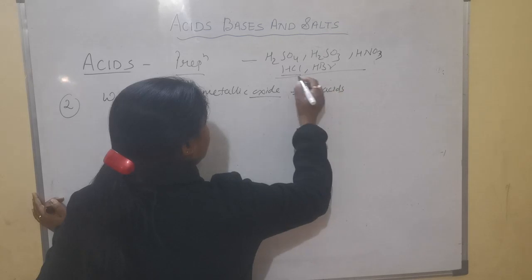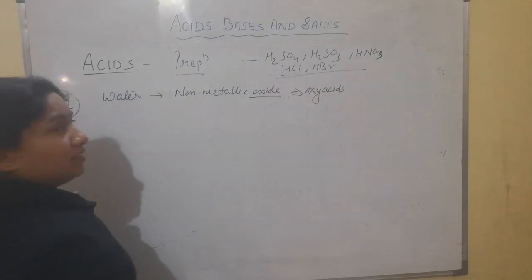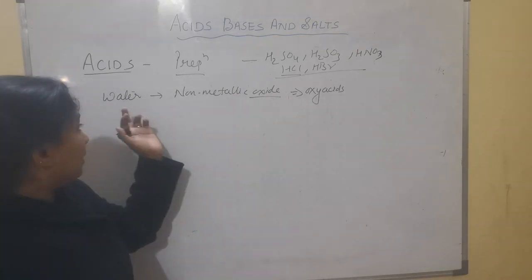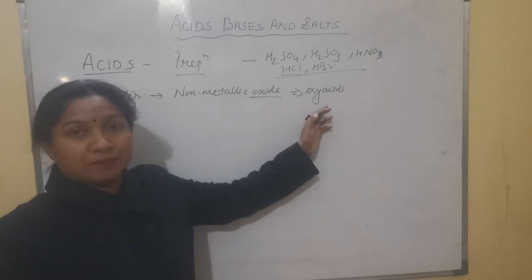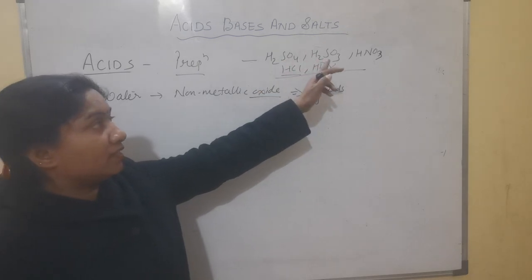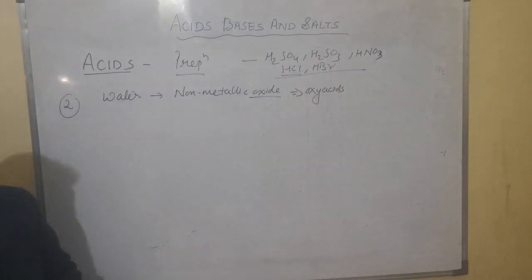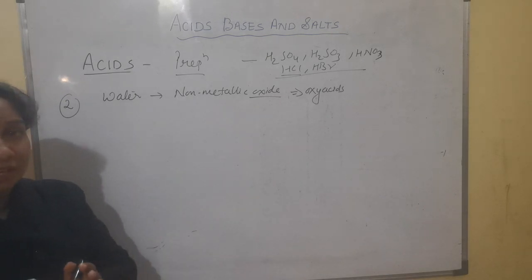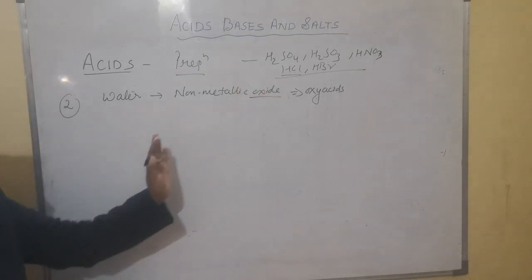Now in this method, we will not be preparing binary acids. These are hydracids. HCl, HBr, these are hydracids. By this method, with the action of water on non-metallic oxide, we will be preparing oxyacid. Oxyacids, what are they? Like sulfuric acid, nitric acid, sulfurous acid, phosphoric acid. So these are oxyacids, that contain hydrogen, oxygen along with other non-metallic element.